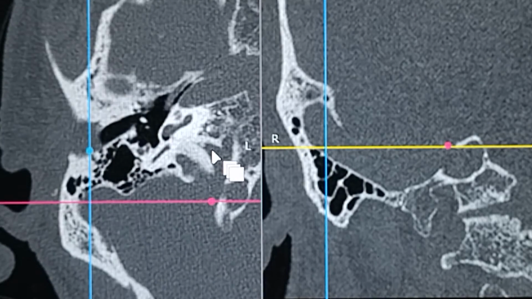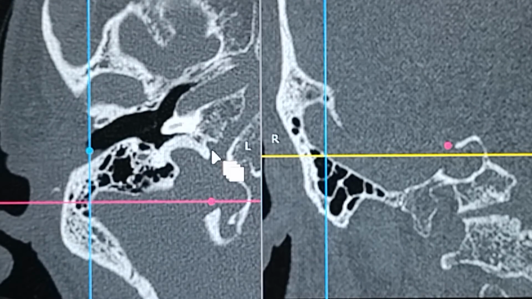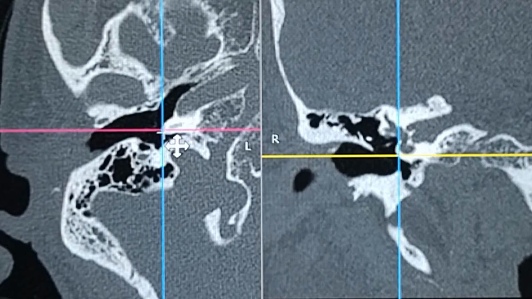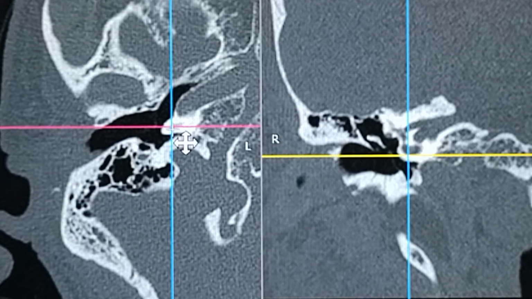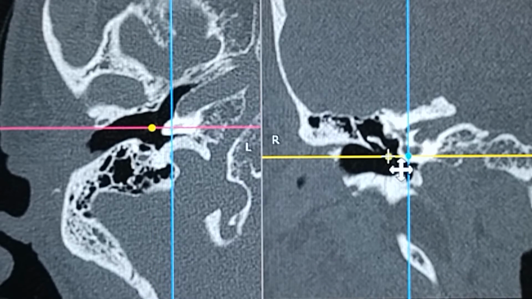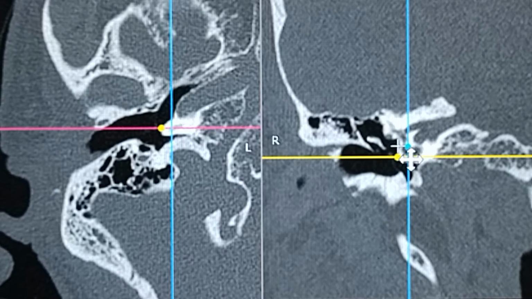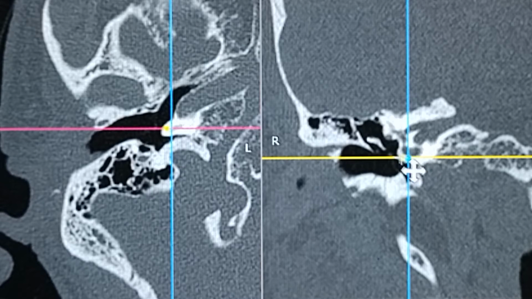Now, coming on to the coronal section, if I keep my navigation over here on the promontory, you can actually see that this is the tympanic membrane, and that's the bulge of the promontory, and that's the basal turn of the cochlea right there.